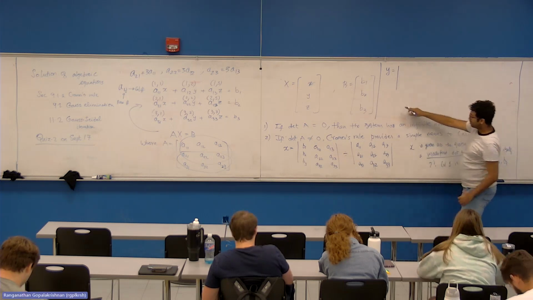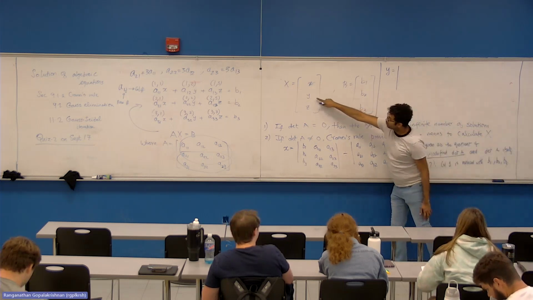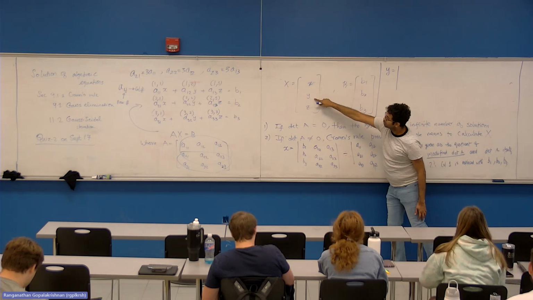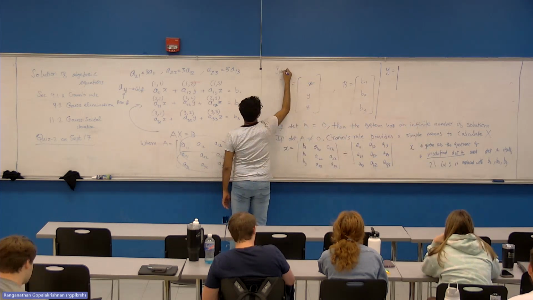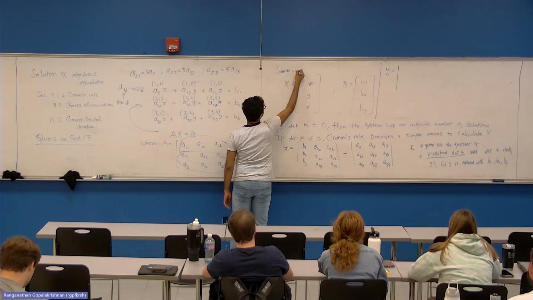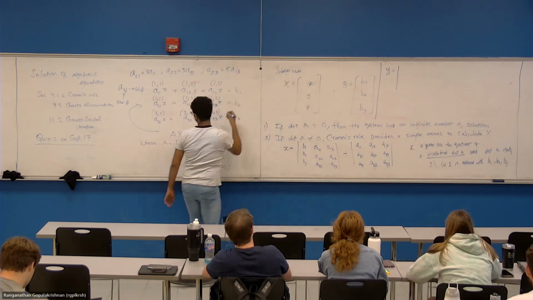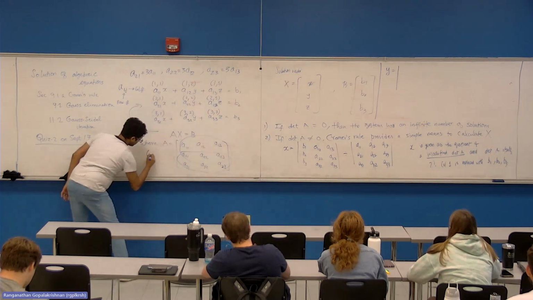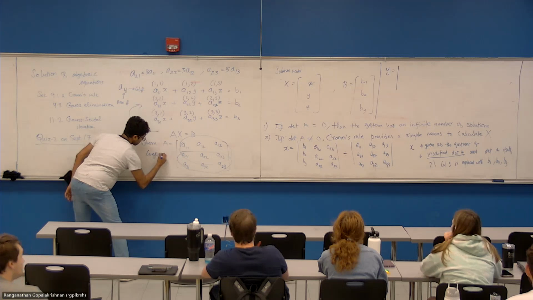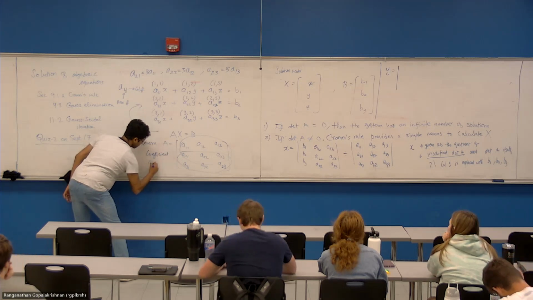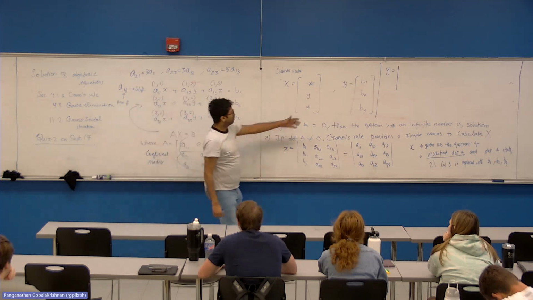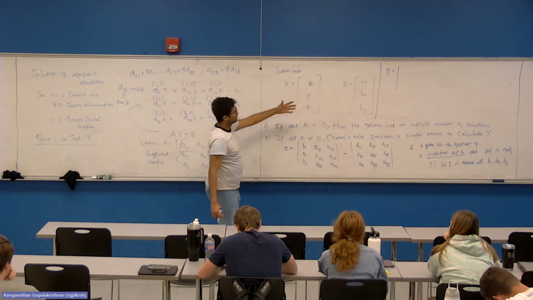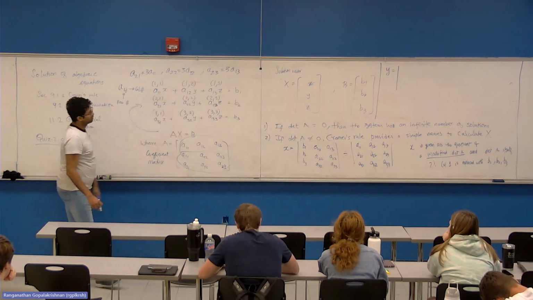Now for y, which is the second variable in your solution matrix. So this is the solution matrix or solution vector. This A is the coefficient matrix. I really don't believe in giving a name for B. It's just the right side.